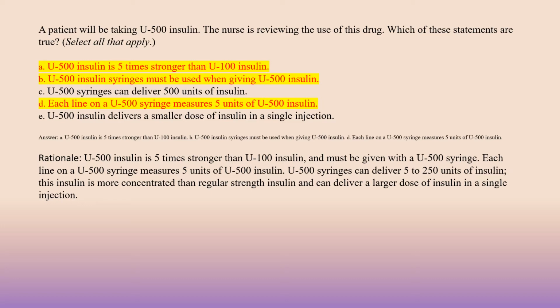Rationale: U-500 insulin is 5 times stronger than U-100 insulin, and must be given with a U-500 syringe. Each line on a U-500 syringe measures 5 units of U-500 insulin. U-500 syringes can deliver 5 to 250 units of insulin. This insulin is more concentrated than regular strength insulin and can deliver a larger dose of insulin in a single injection.